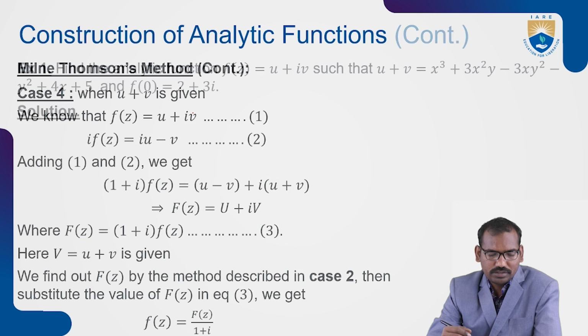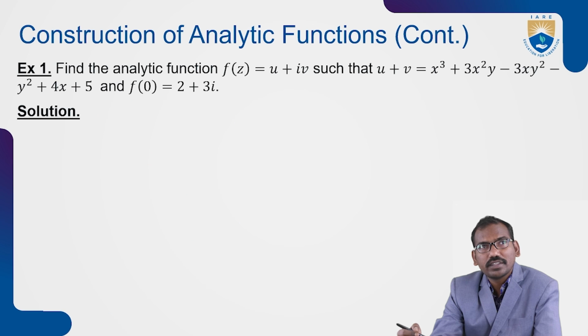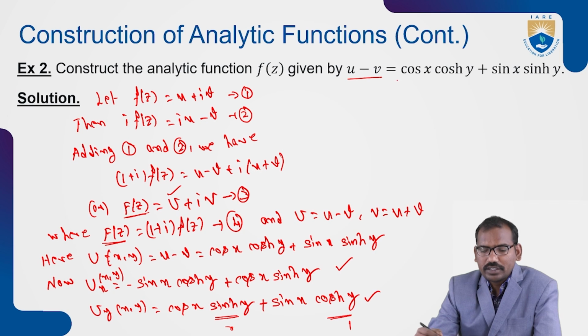Okay, so the summary of this lecture is, we have discussed this problem. Here, the sum of the real and imaginary part is given, and we are calculating f of z in this first problem. In the second problem, the difference of real and imaginary part is given, and we calculated f of z with the help of the Milne-Thomson method.